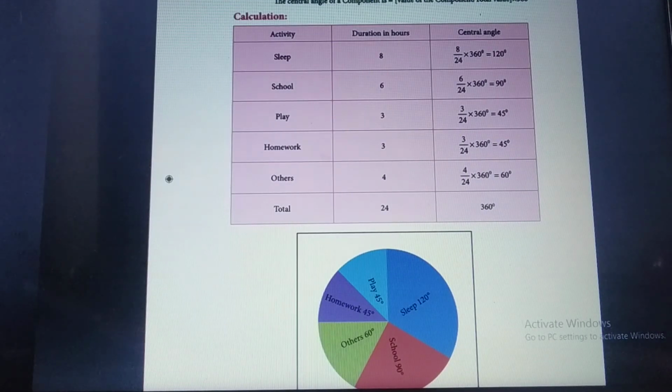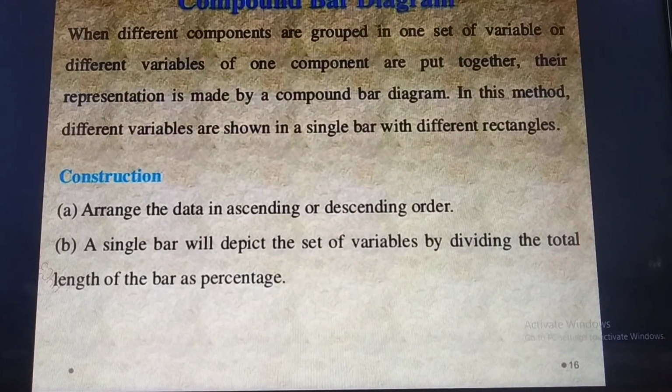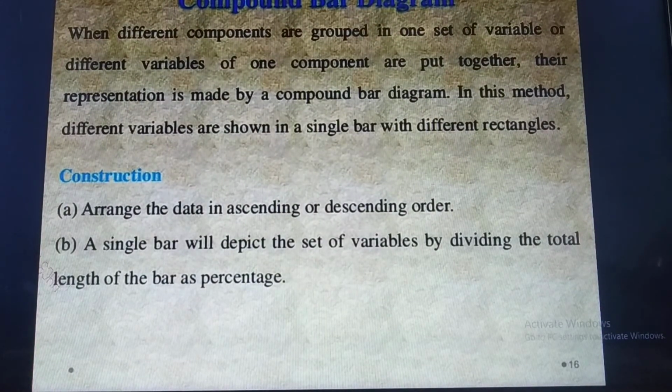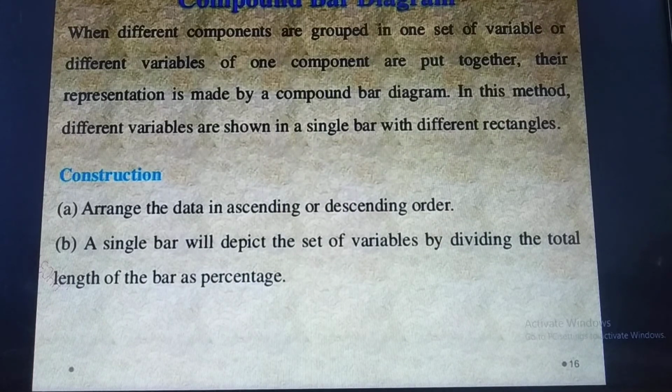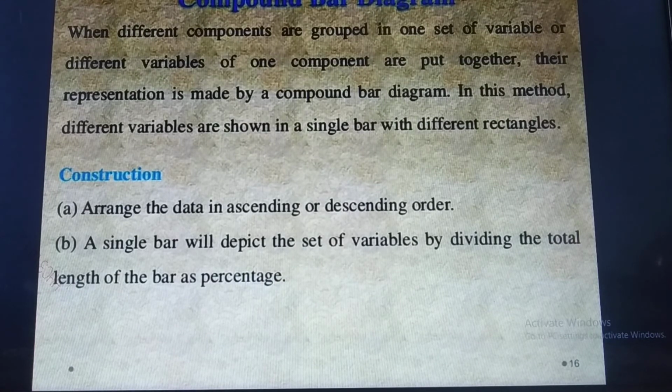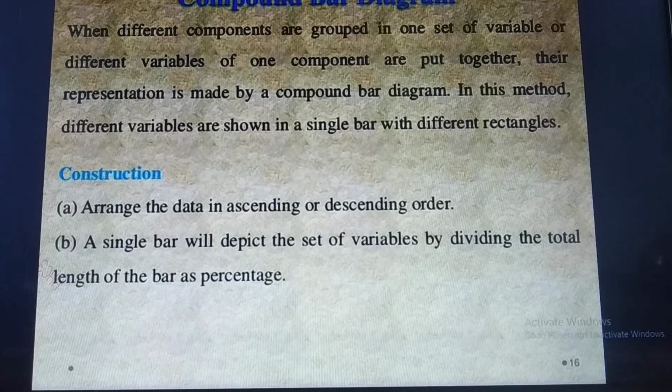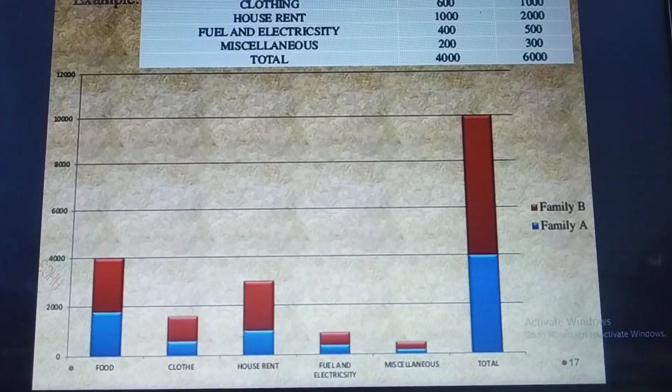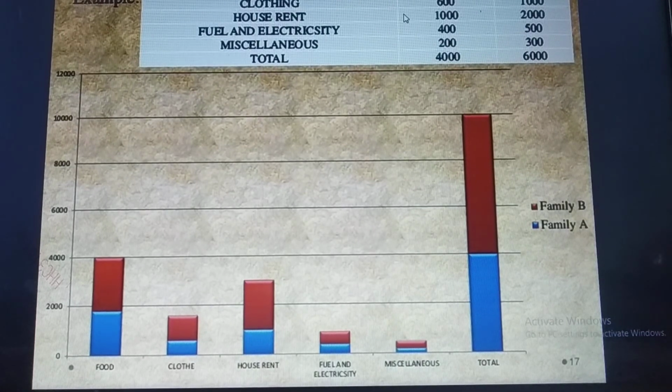This is the diagram. Compound bar diagram. When different components are grouped in one set of variables, or different variables of one component are put together, their representation is made by compound bar diagrams. In this method, different variables are shown in a single bar with different rectangles. Family A and B expenditure is given.